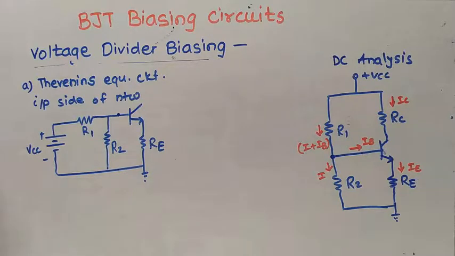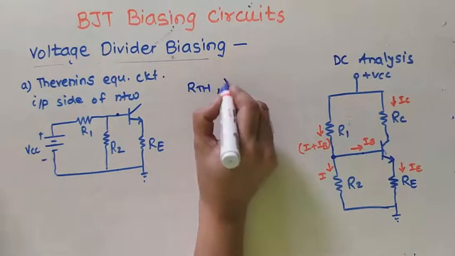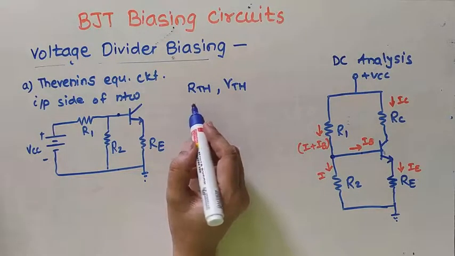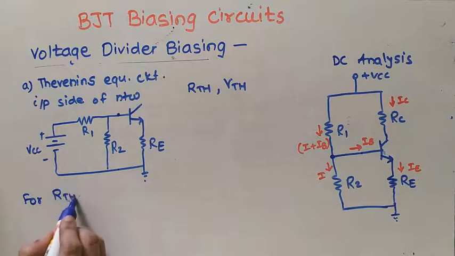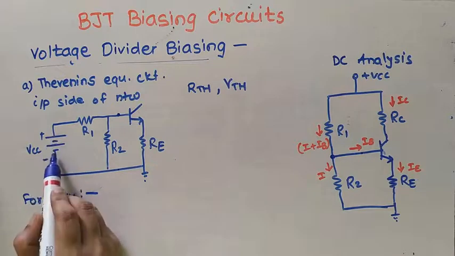For Thevenin's equivalent circuit we have to calculate RTH and VTH. Now to calculate RTH, we have to short circuit this VCC supply.